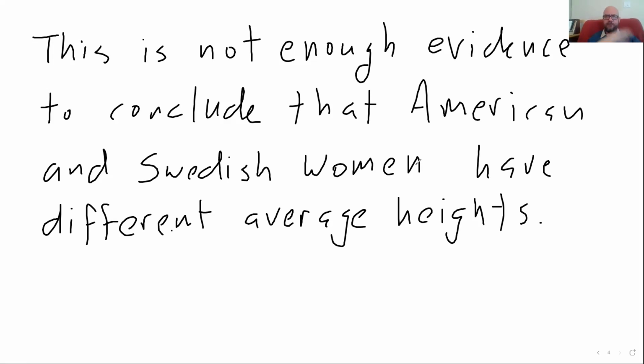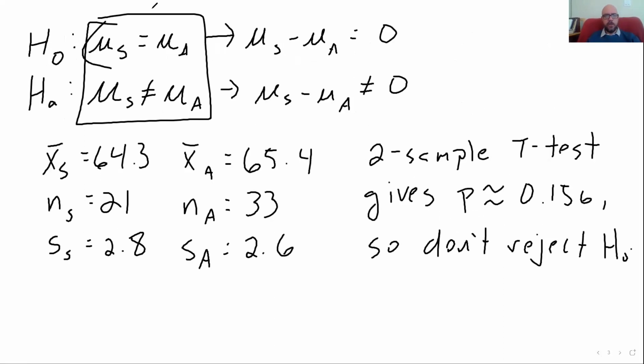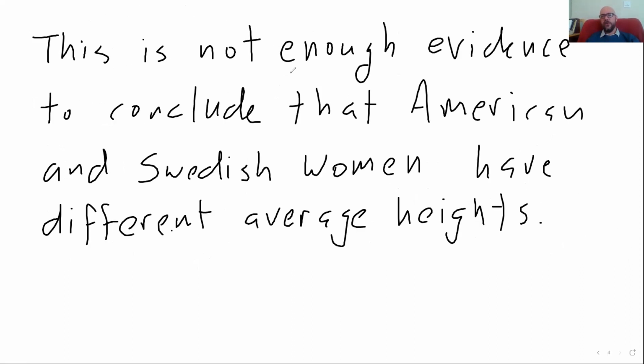Right, something like that. We're not rejecting the null hypothesis, so what you want to do is write this in plain English, right? And if you say something like, this data suggests that American women and Swedish women have the same average height, that's not exactly right, but it's close enough, right? It's better to write something like this. It's not that we're supporting the null hypothesis, it's that we're not rejecting it, right?